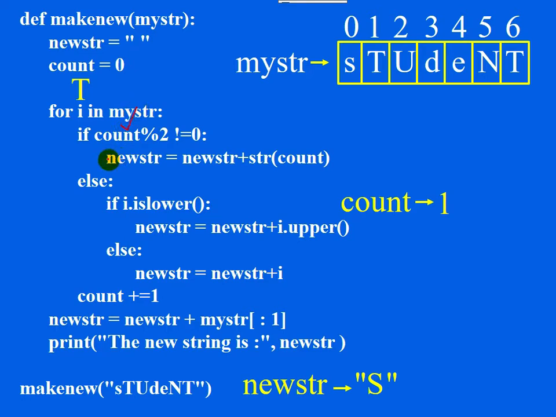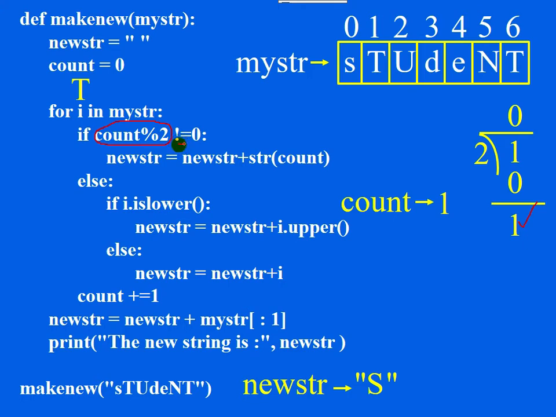Let me perform the division. 1 I will show you. So 1 modulo 2. 1 is written inside, 2 is written outside. So when you divide 1 with 2, the quotient is 0. Now 0 into 2, it is 0 and the remainder is 1. Okay, so 1 modulo 2, the remainder is 1. You can see the remainder is 1.